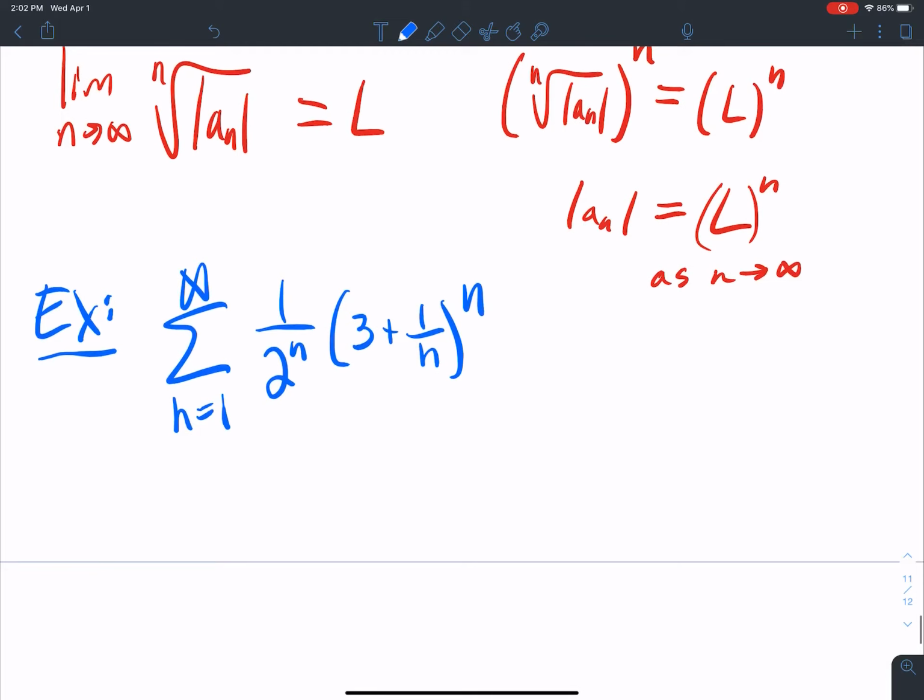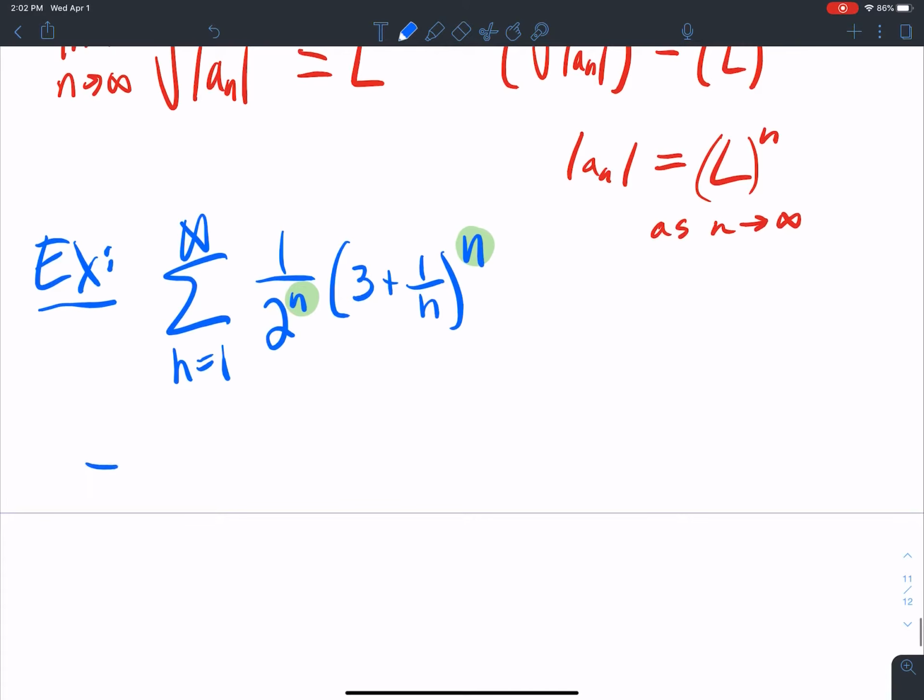Looking here, I've got this power to the n. I can rewrite this series, from n equals 1 to infinity, with everything inside raised to that n power.